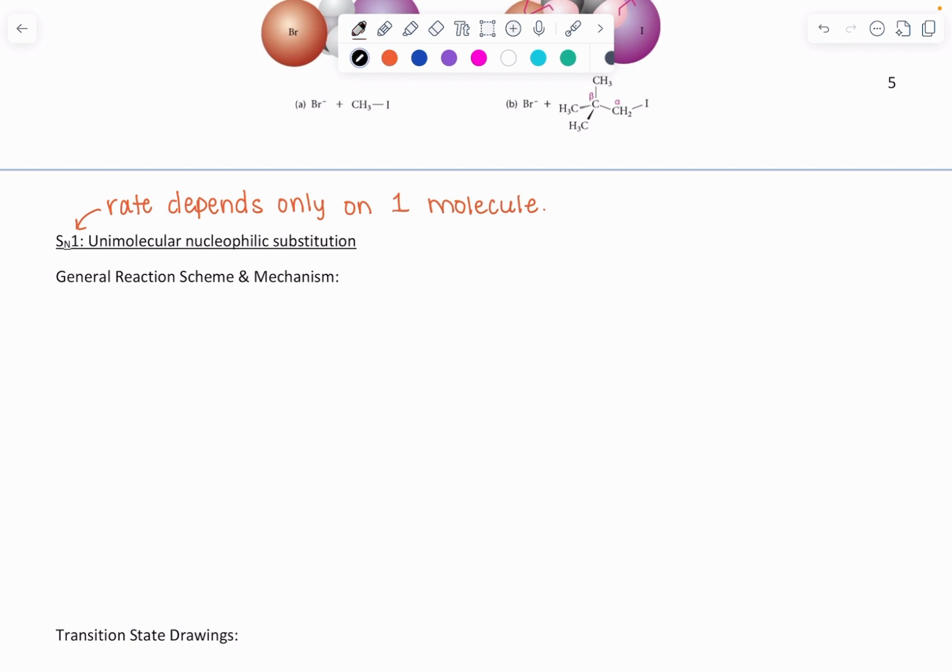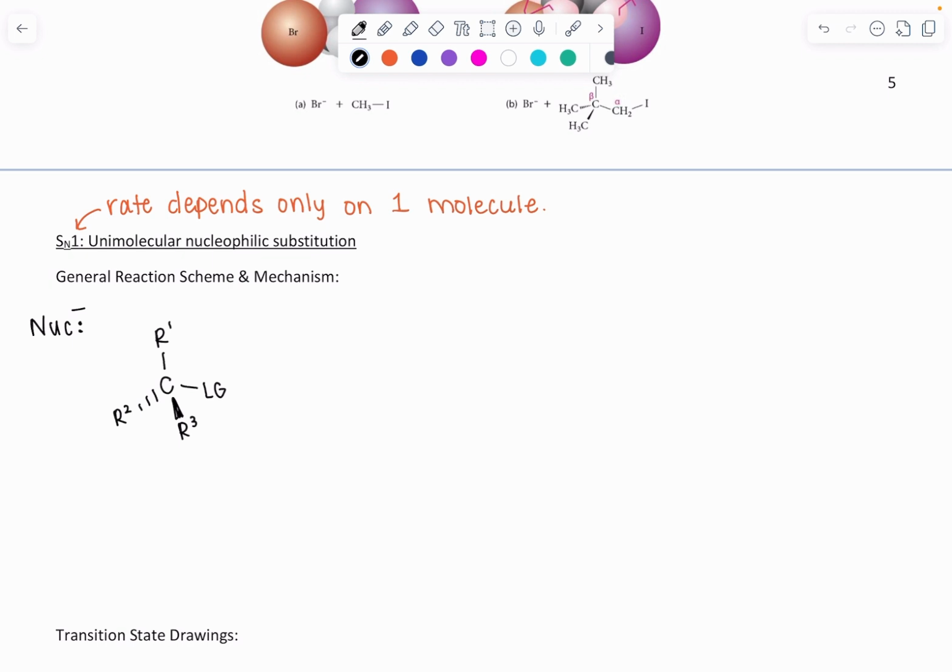Okay, let's do a general reaction scheme. We still have a nucleophile, we still have an electrophile, but our electrophile has greater substitution at the alpha carbon. So let's draw, similar to SN2, the nucleophile, this will be our electrophile, and we'll say it's bonded to R1, R2, and a leaving group.